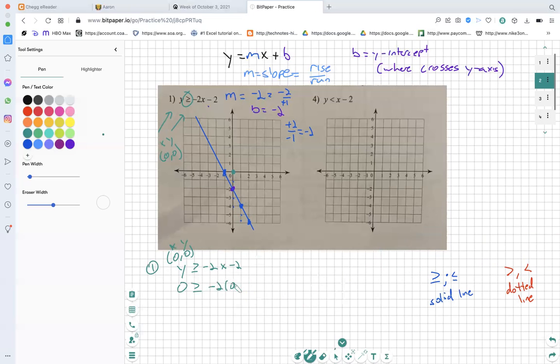My x point gets substituted with a 0. Then I just have to determine if this statement is true. Is 0 greater than or equal to -2? Yes, this is true. And that means I shade in that direction. That is it. That's the end of the problem. Done. Do the next one.